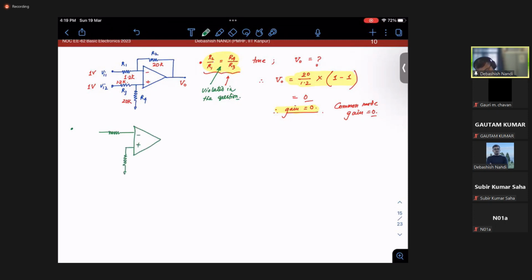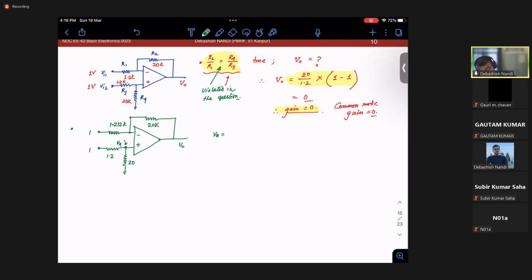This will be 1.212, 1% larger, and this would be my 20K. So what is the voltage at this node? Let's say it is Vx. So Vx will be 20 over 21.2 into 1. It is simple voltage division.